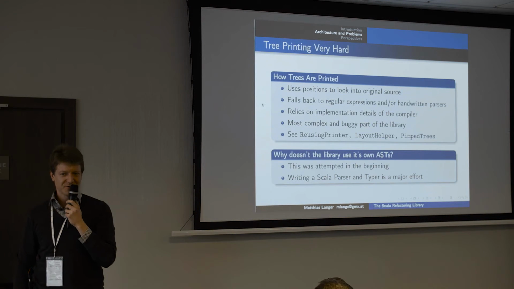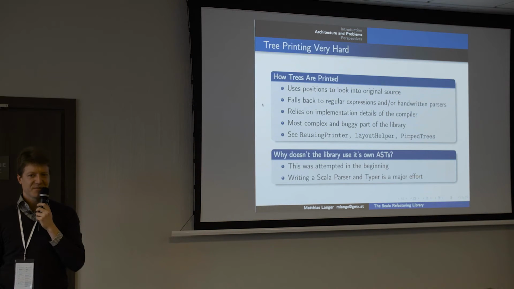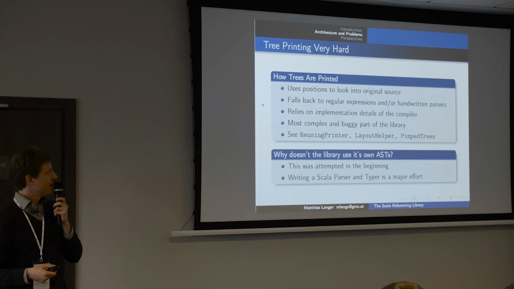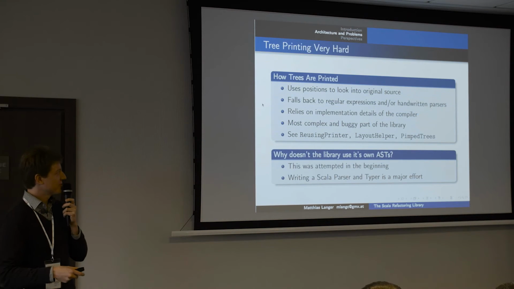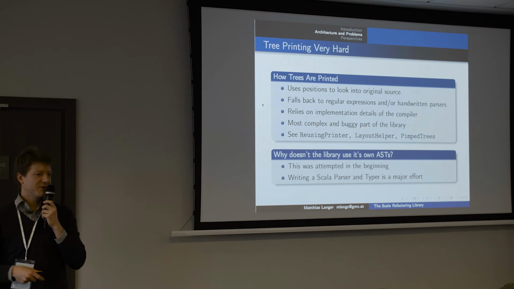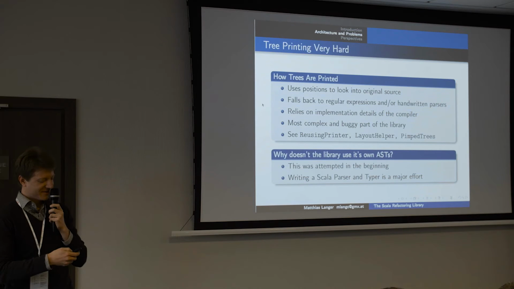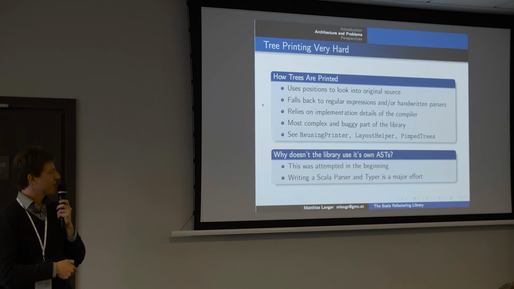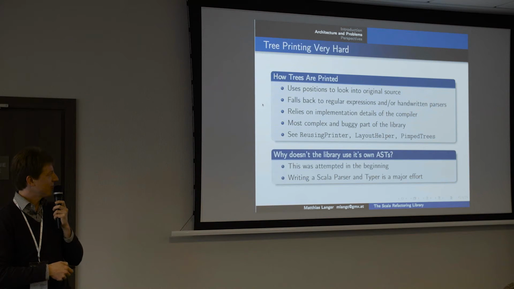So how are trees actually printed by the refactoring library? Since the ASTs, as I've outlined, don't contain the information necessary to print the trees, the refactoring library has no other option than to look back into the original source code and reparse parts of it using various hacks with regular expressions or handwritten parsers. In some cases, the implementation of the refactoring library is also very closely coupled to the implementation of the compiler.